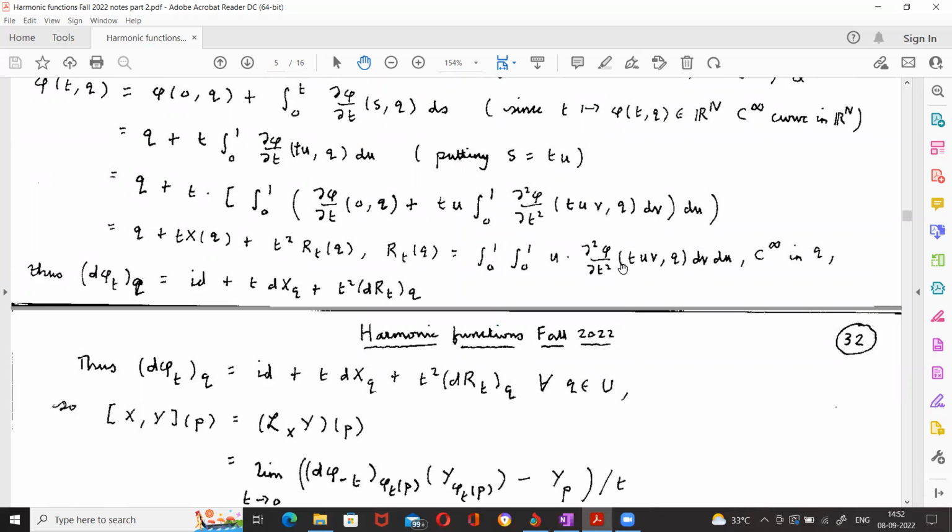Is that clear? You have a t here and a q here, and this phi is a smooth function of both variables. So this is smooth in t and q, so its derivatives are also continuous. So they're bounded locally. Okay. Is that all right?